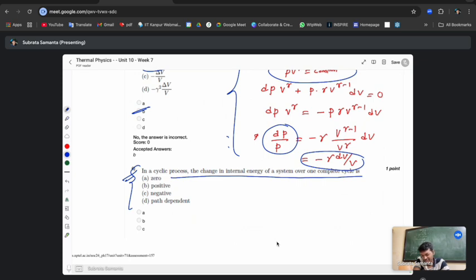If you know the answer, you can just mark the option. A cyclic process means it is periodic, right? If you start at this point, let's say one process, it's not necessarily a circle, choose any path, and then come back to this point.